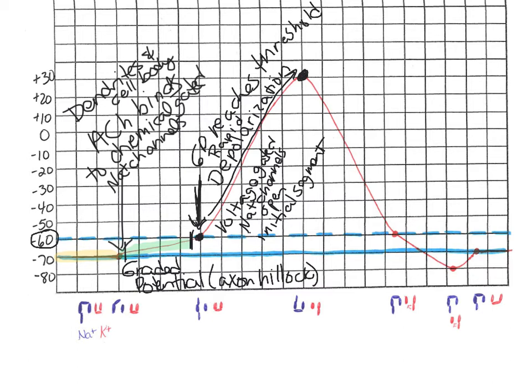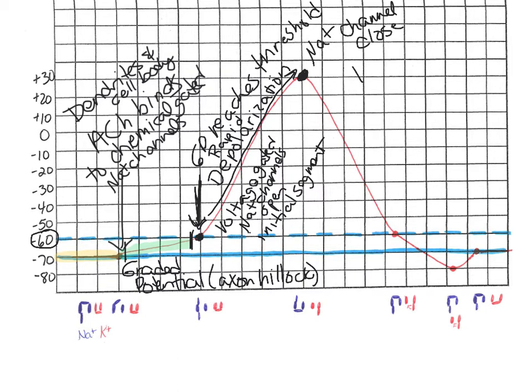And what did we say happens to the sodium channels at positive 30? So the sodium channels close. And what did we say happens to the potassium channels at that point?